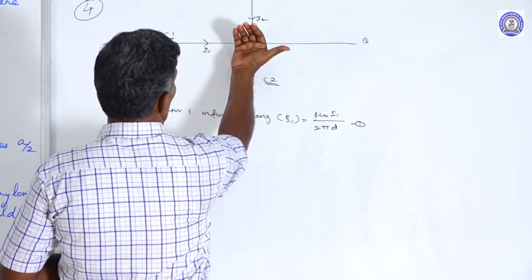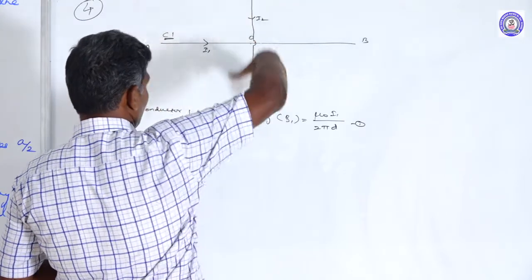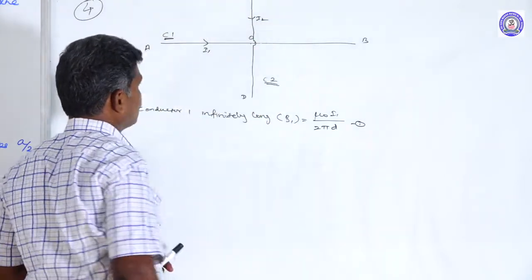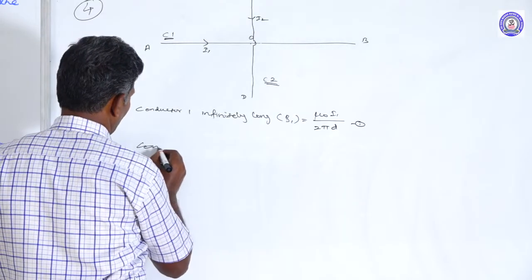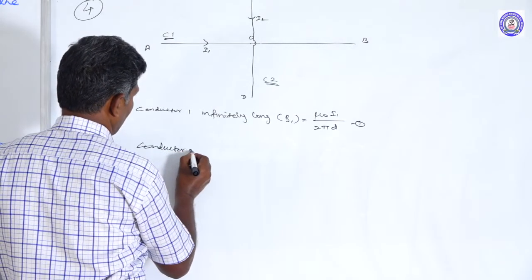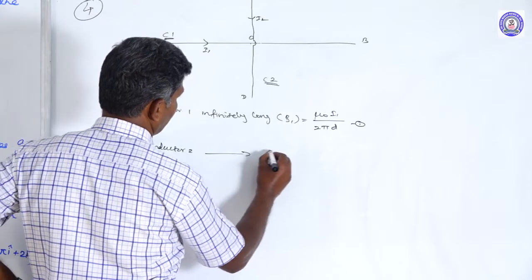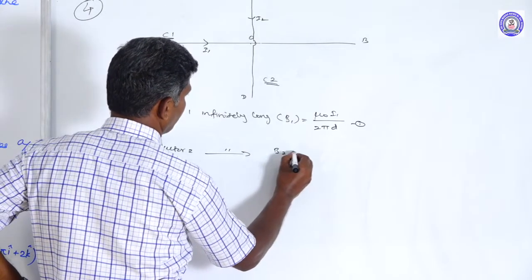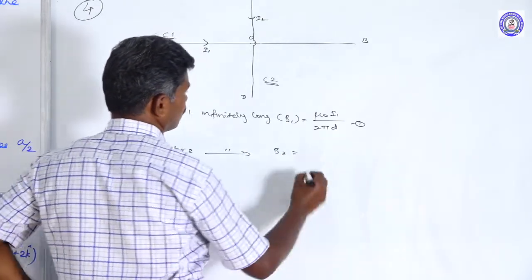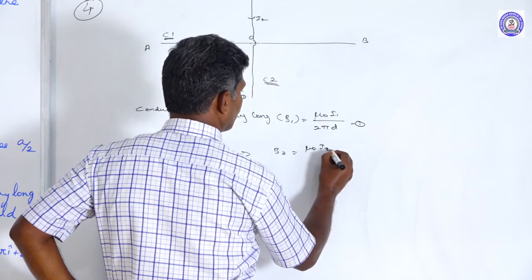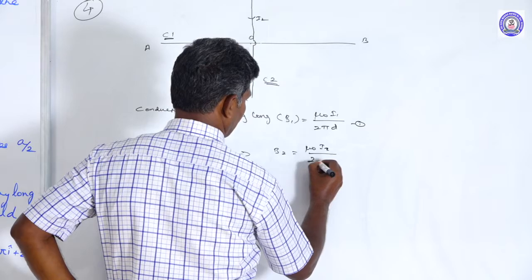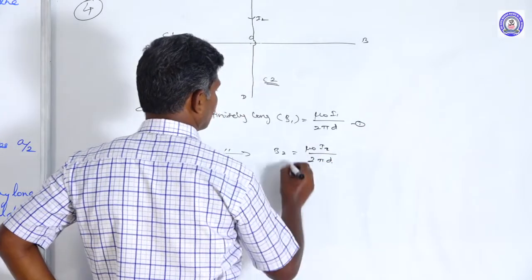Based on the right hand rule, for the first conductor the magnetic field acts in the downward direction. For conductor 2, the magnetic field B2 is equal to mu naught I2 divided by 2 pi d.